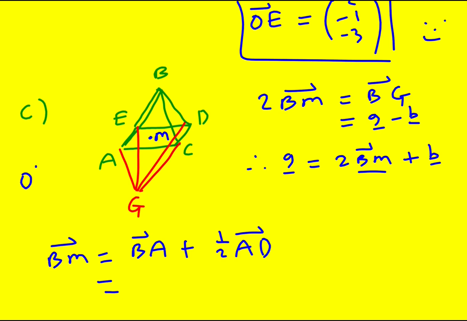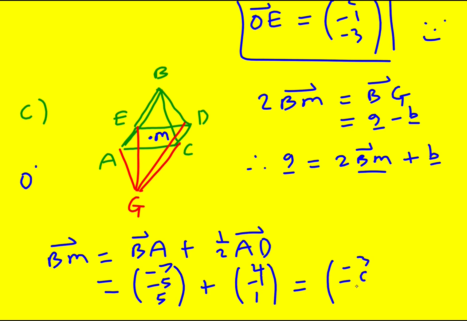So BA is minus AB, and I'm just going to look at my notes now as I'm writing it, but it should get minus 7, minus 5, 5. And I'm plussing half of AD. Well, AD was 8, minus 2, 2, so it's going to be 4, minus 1, 1. Which is going to give me minus 3, minus 6, and 6.